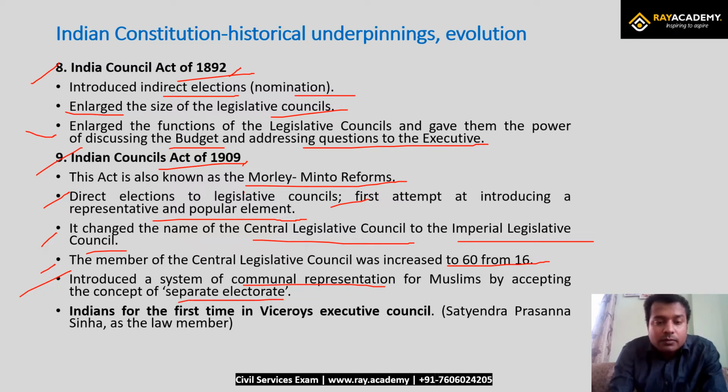Now, what is the understanding of separate electorate? That means Muslim people can vote for the Muslim representative only. The Muslim people cannot vote for any other religious representative. Indians for the first time entered the Viceroy's Executive Council, the name is Satyendra Prasanna Sinha as the law member. So sometimes the question also comes regarding the name.